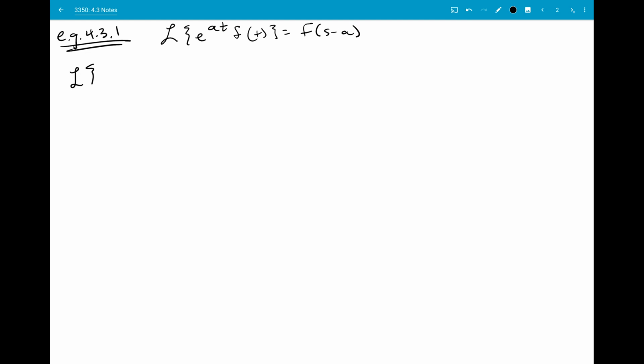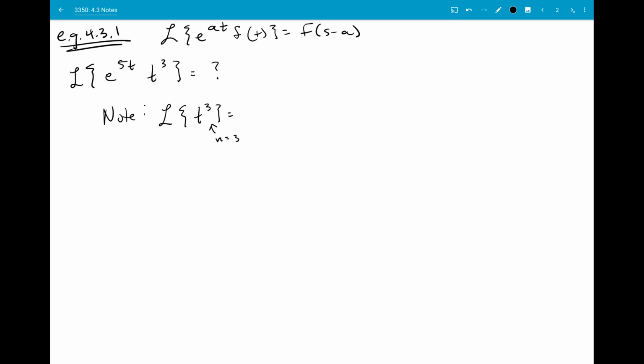And the example is that we're trying to compute the Laplace transform of L of e to the 5t times t cubed. And what we have to remember is that we know L of t cubed we could go ahead and find using our Laplace transform table from last week, where we're looking at some n equal to 3 right there.